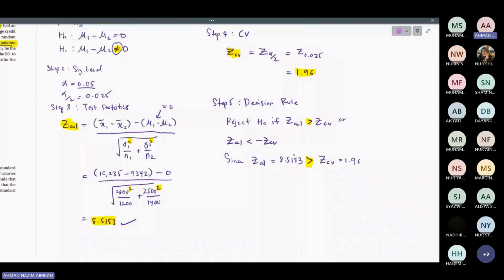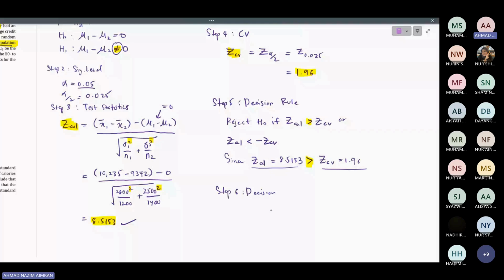So remember, positive Z calculated compare with positive critical value. Step 6 is the decision.